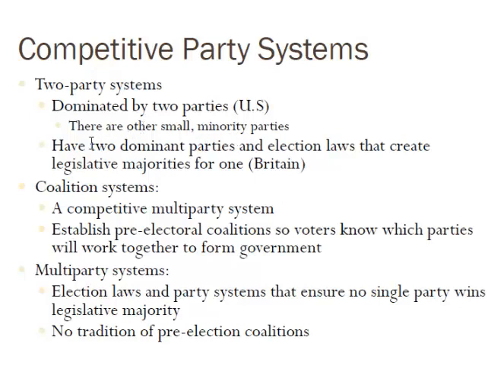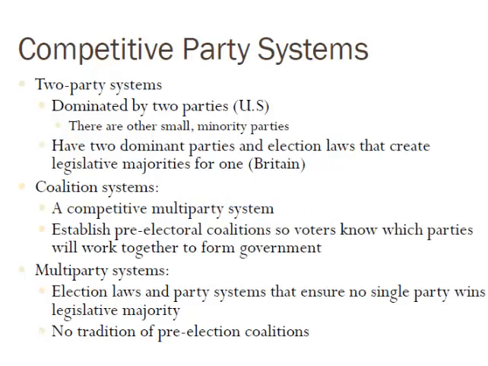You also have some examples where you have two dominant parties, but you also have minor parties that kind of swing the balance, like in Britain, where you have the Labour Party and the Conservative Party, the Tories. And there are also minor parties, but usually one out of those two is going to be the one in charge. You also have coalition systems, like they have in Israel, where you have a competitive multi-party system.